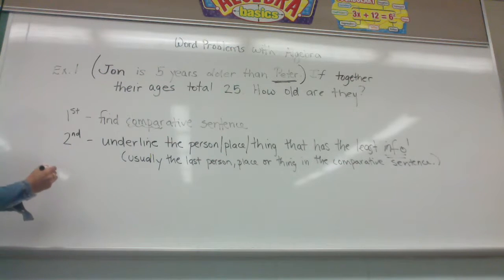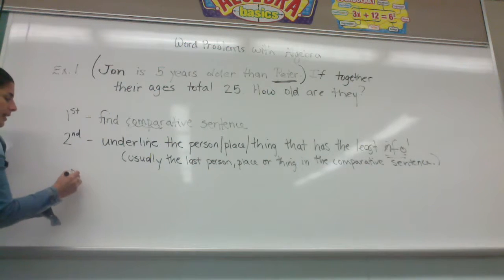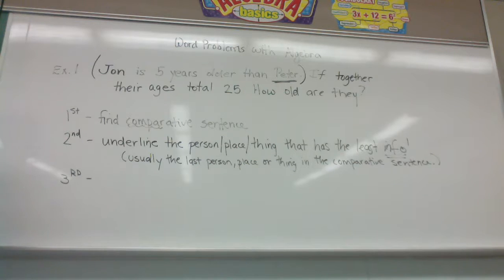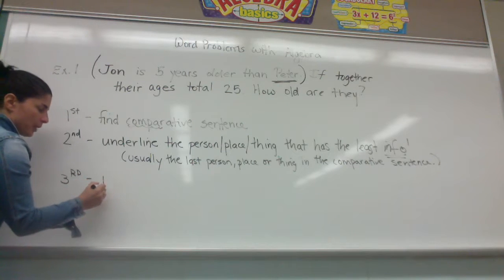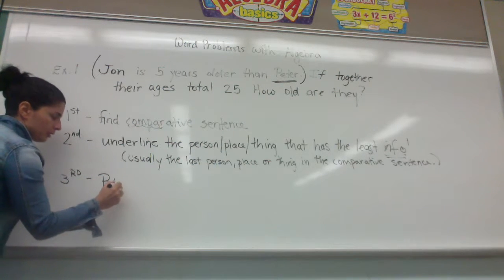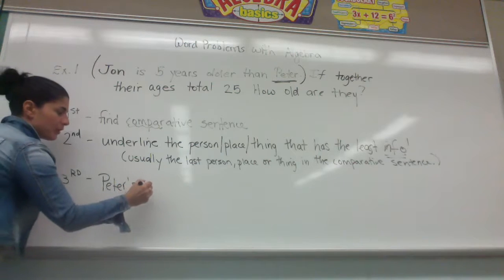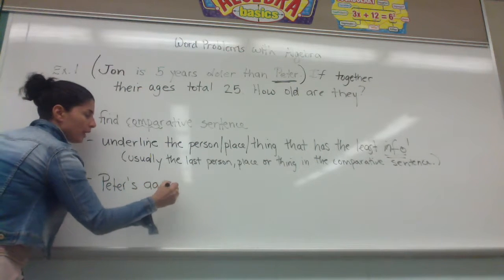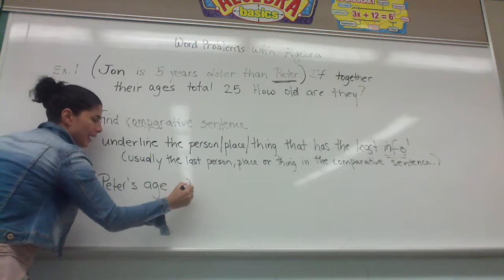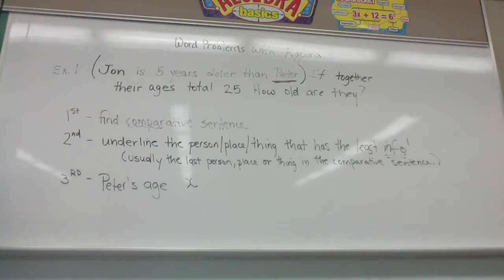So third, we're going to algebraically identify the situation where Peter's age will be X. He's the unknown, the one that we know least about. And then we're going to compare John to Peter algebraically.